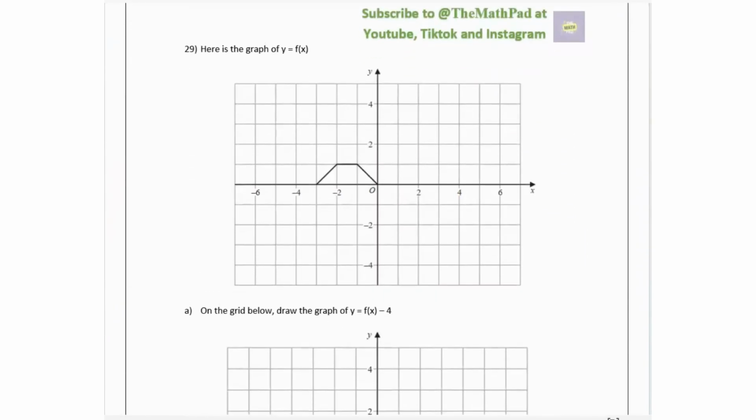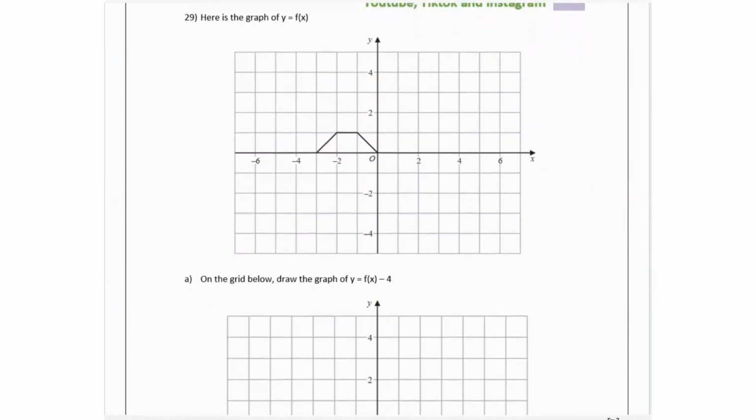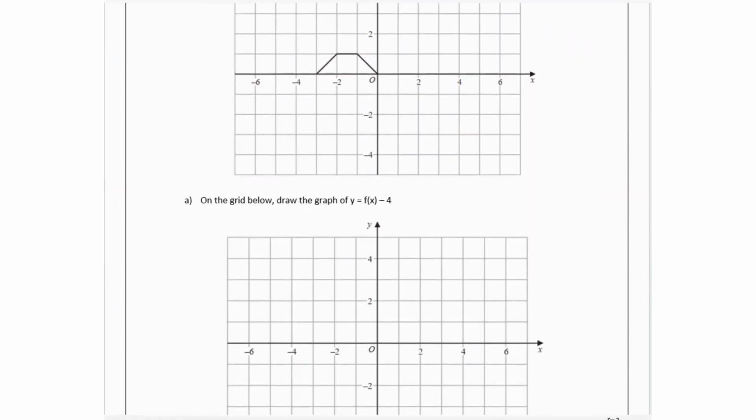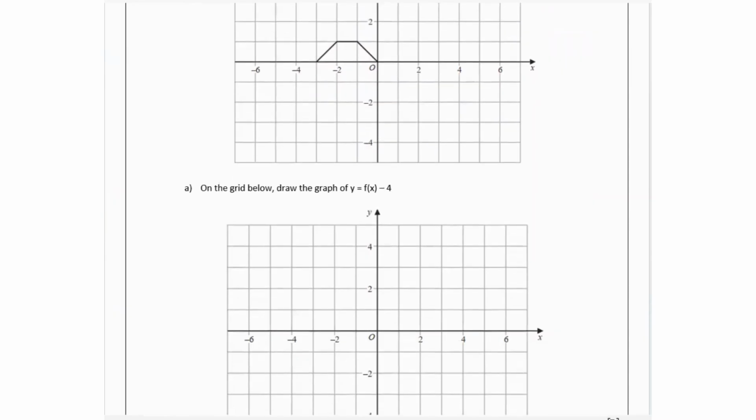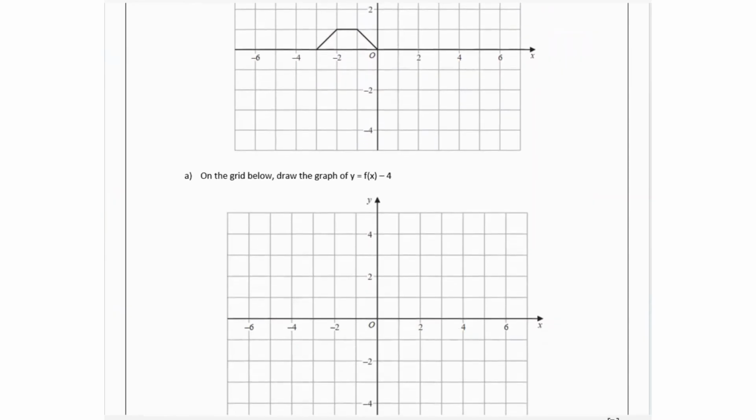Then it says, here's the graph of y equals f of x. On the grid below, draw the graph of y equals f of x minus 4. So if something is being subtracted directly from the function, that means you move that many units down. So this trapezium goes 4 units down. So 0 becomes -4.